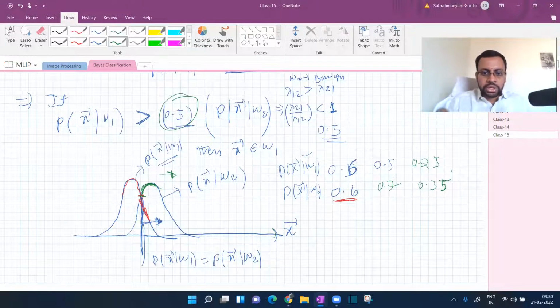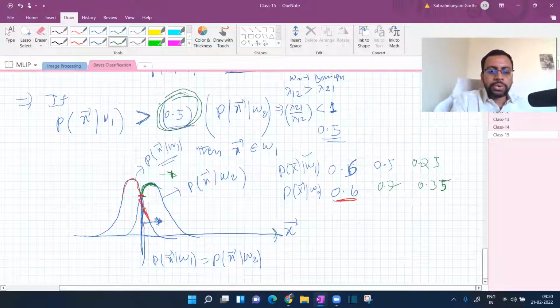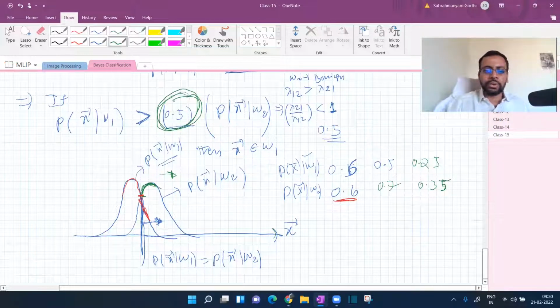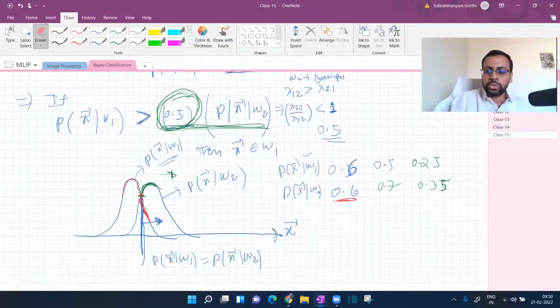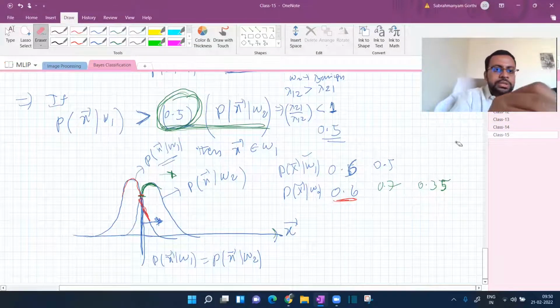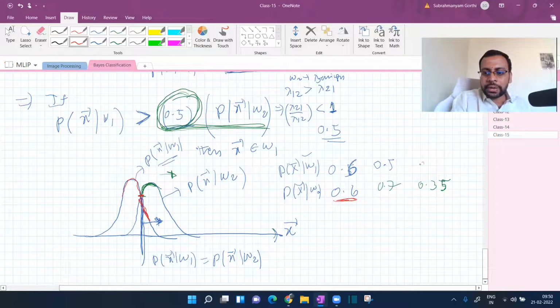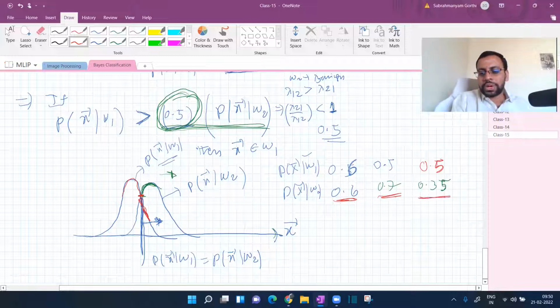Oh, sorry. This half is not multiplied on both sides, only for the second one you are looking at. See, your probabilities are the other side quantities, half of probability of x bar given omega 2. Okay, so this is 0.5 only here, correct? And here half of this you are taking, so 0.35.